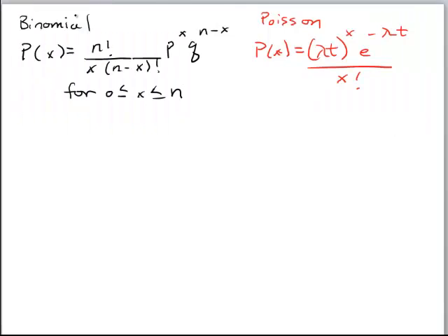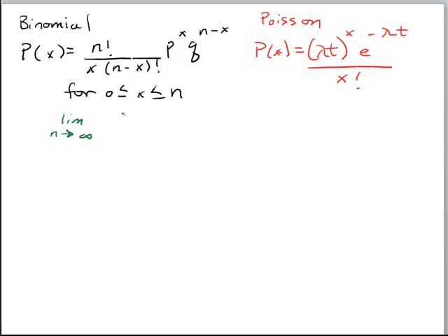This video is to show you that within the Poisson you will find the binomial distribution embedded there. So what we're going to do is we're also going to make use, to understand this relationship, of this nifty relationship right here.